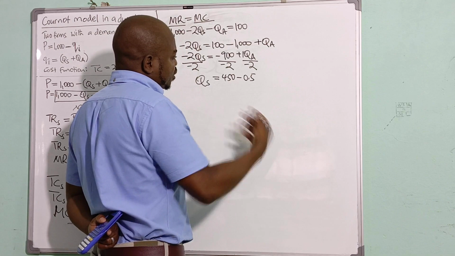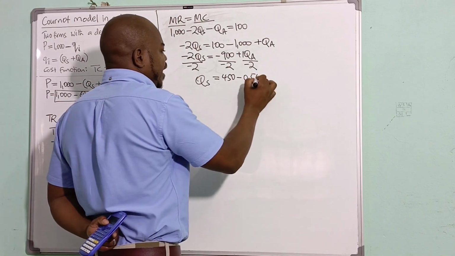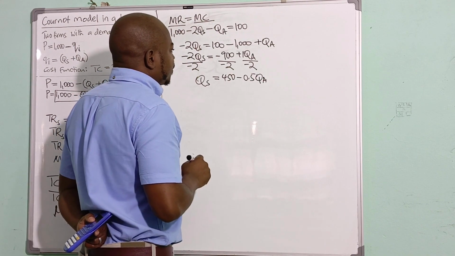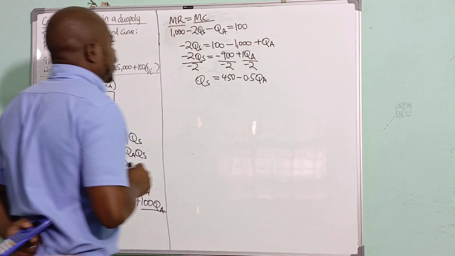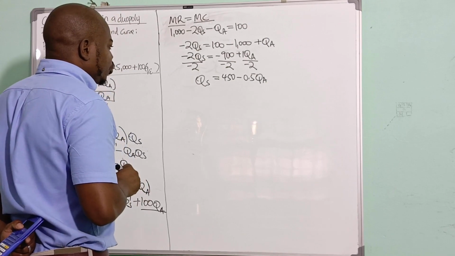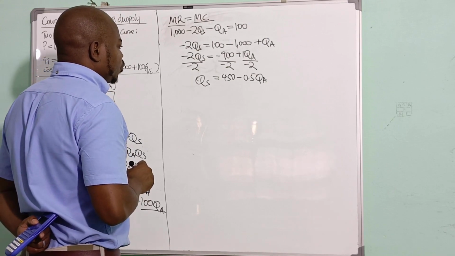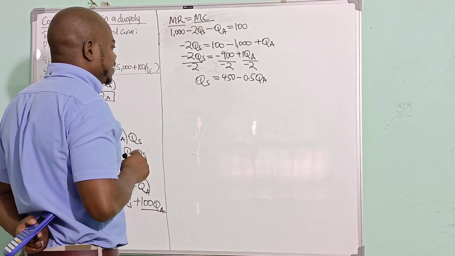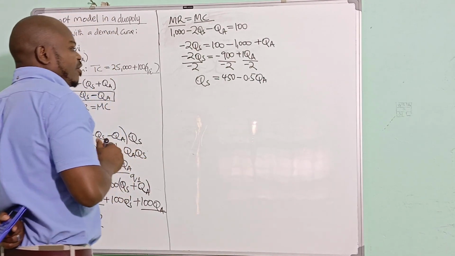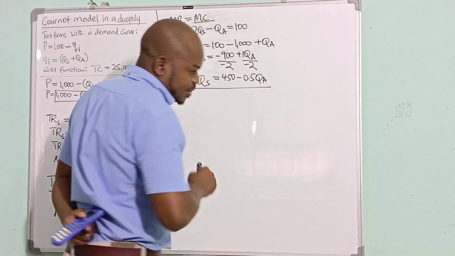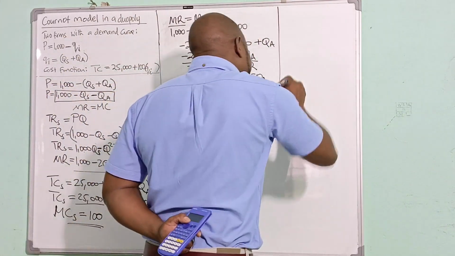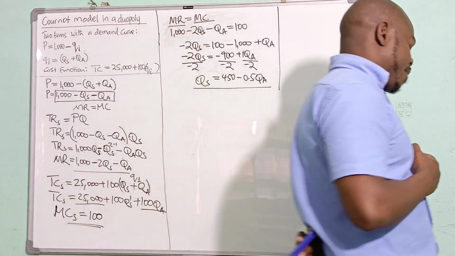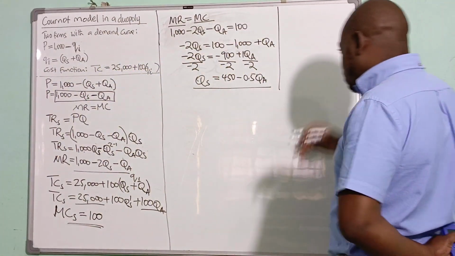So it's just positive 1 divided by negative 2, 0.5 QA as the case will be. All right. So now here we have this function. We shall call this function the reaction function for QS. Now I need to calculate the reaction function for QA, company A.